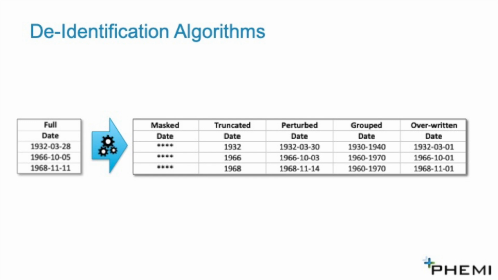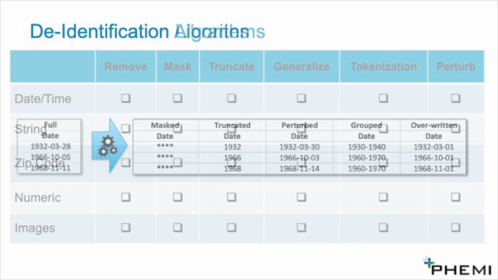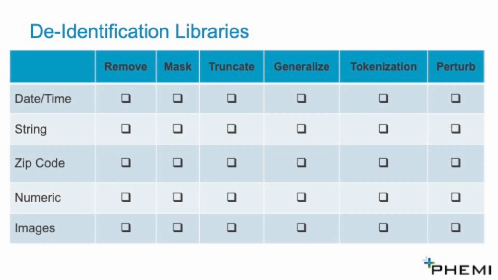This is a far superior approach to protecting privacy without significantly restricting the analytic value of the underlying data. A strong element of any privacy and data protection solution should include a comprehensive set of de-identification libraries so that you can maintain the analytic value of your data while still protecting privacy.